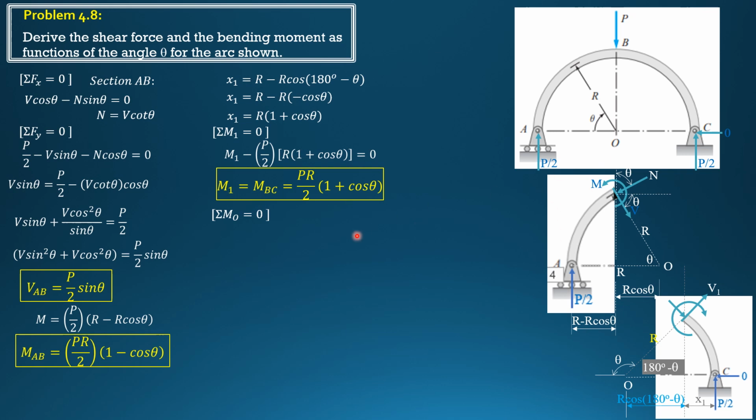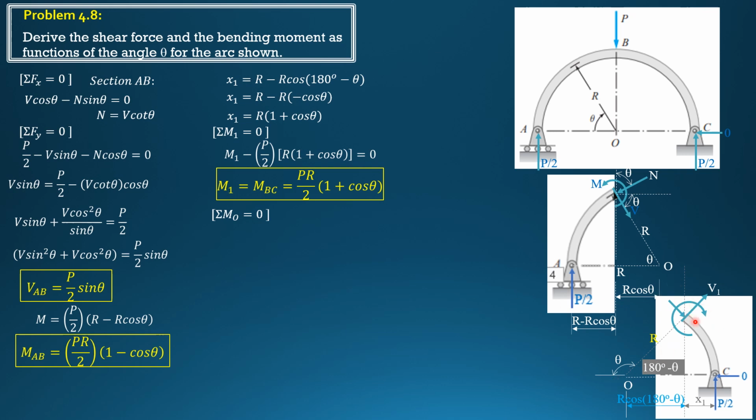Then for shear 1, we need to solve N1 first. So we sum up moment about O to have our analysis different from the first segment. So summation moment about O equals 0, so we can derive the value of N1.